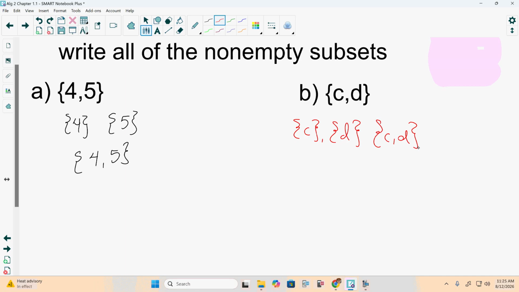Now, for letters, it's not that big a deal because we can tell the difference between C and D. Numbers, on the other hand, are a little bit different, because especially if we had in the first one 4, 5, and then 45, we need a way to distinguish between 4, 5, and 45, having them put together. Questions on any of this here so far?